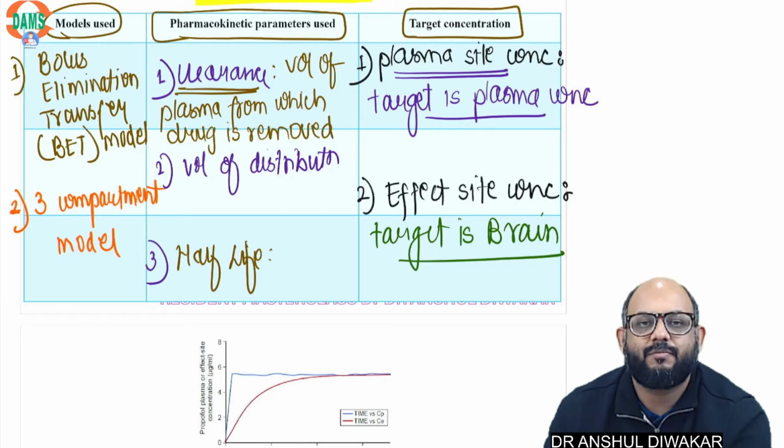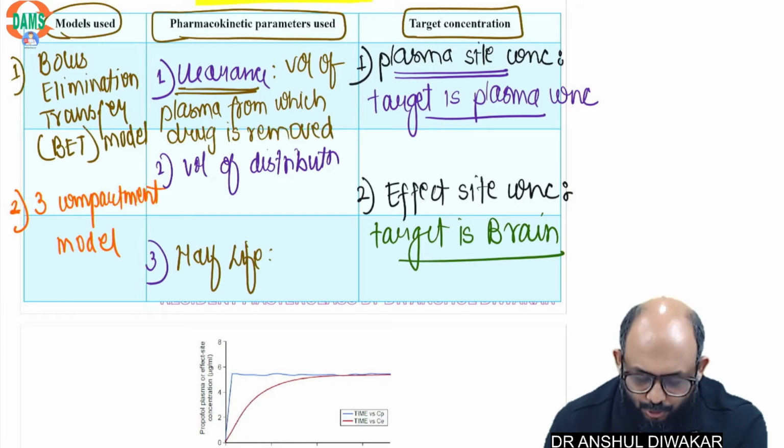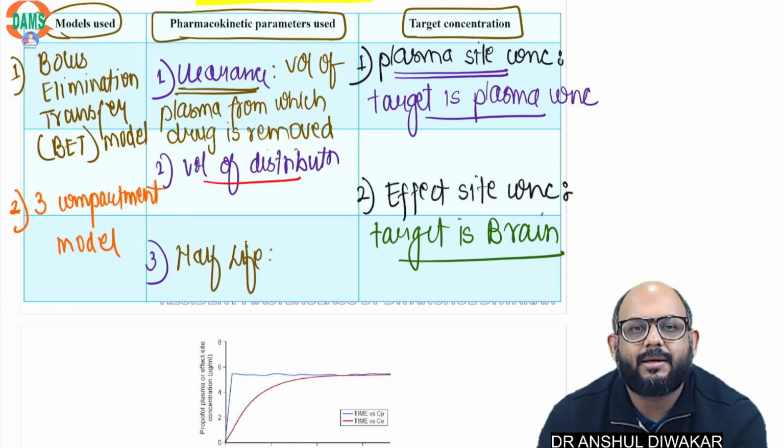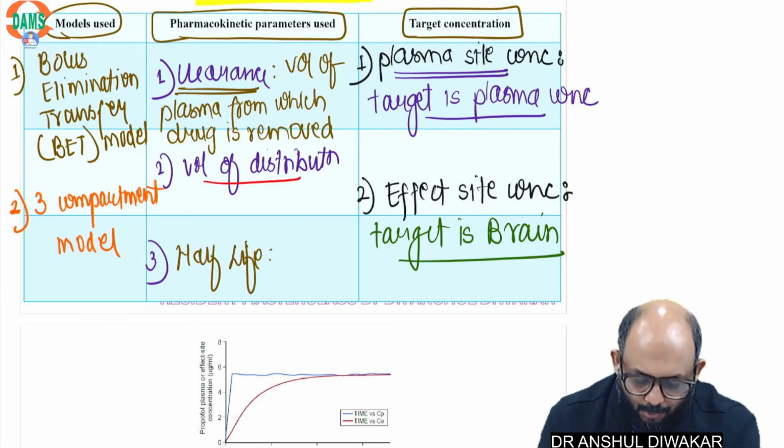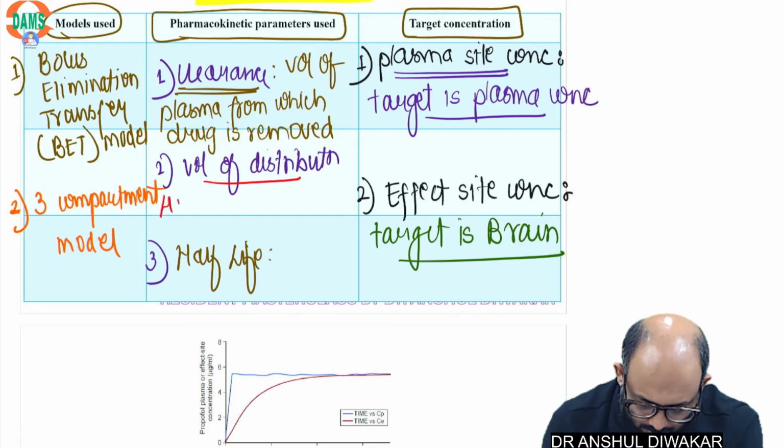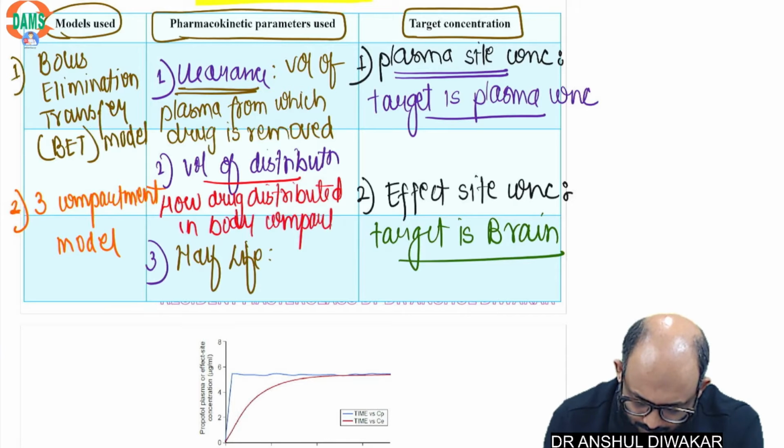Volume of plasma from which the drug is removed. What is volume of distribution? It is how the drug is distributed in the body compartments. And what is half-life?